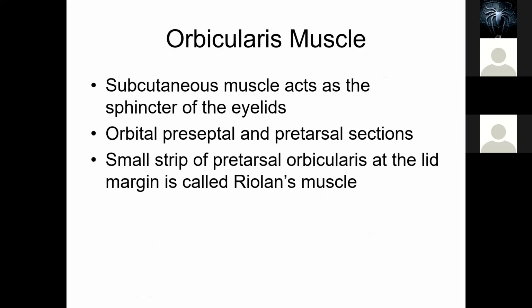The orbicularis muscle is a subcutaneous muscle that acts as a sphincter of the eyelids. It has orbital, preseptal, and pretarsal sections. And then a small strip of it is the pretarsal orbicularis at the lid margin, which is called the Riolan's muscle.